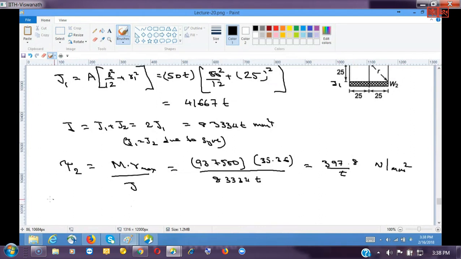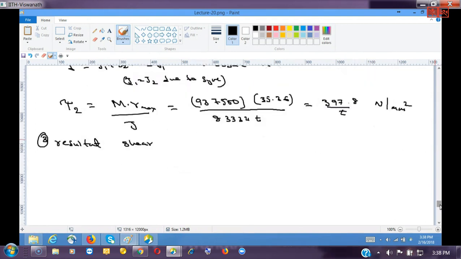So if I take the resultant of tau 1, tau 2, then the resultant shear happens to be 454 by T Newton per mm square.